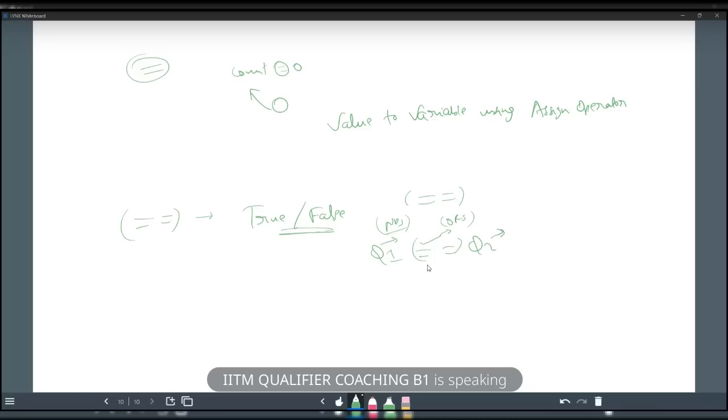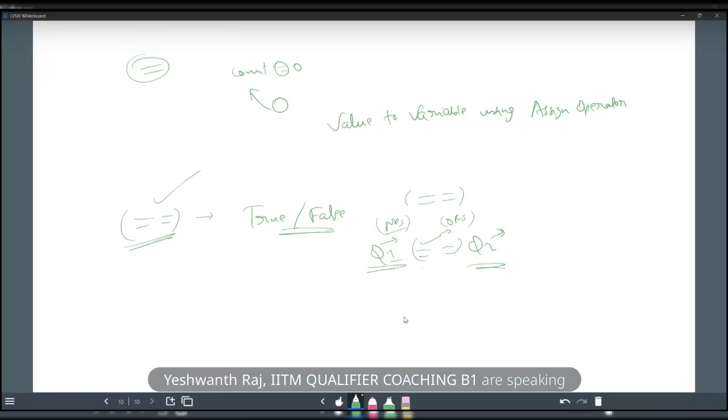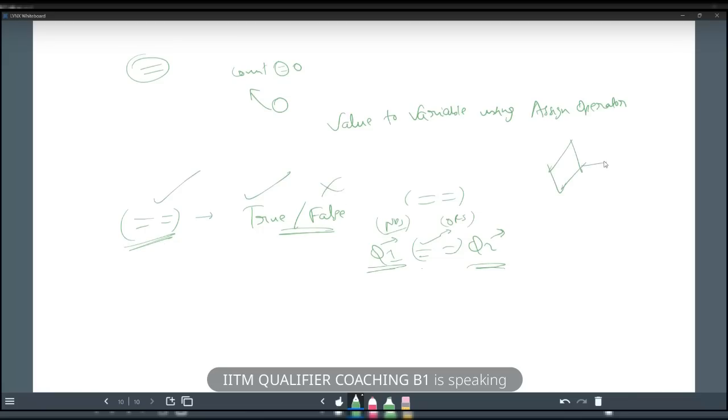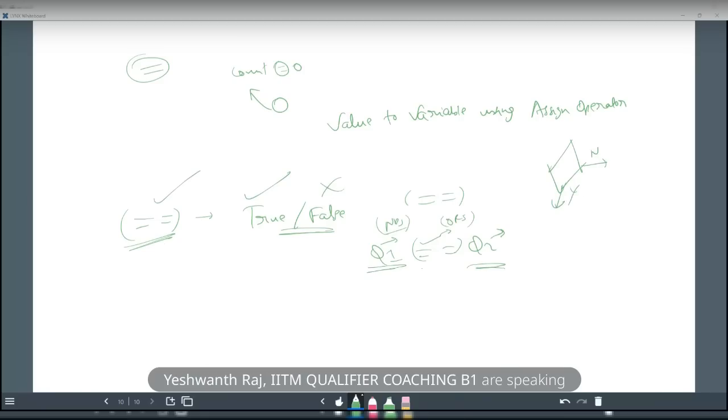This equality operator just checks whether the values present on both LHS and RHS are the same or not. If they are the same, it returns true. If they are not the same, it returns false. And this is what happens in a flowchart also: one branch for no and one branch for yes. Am I clear?